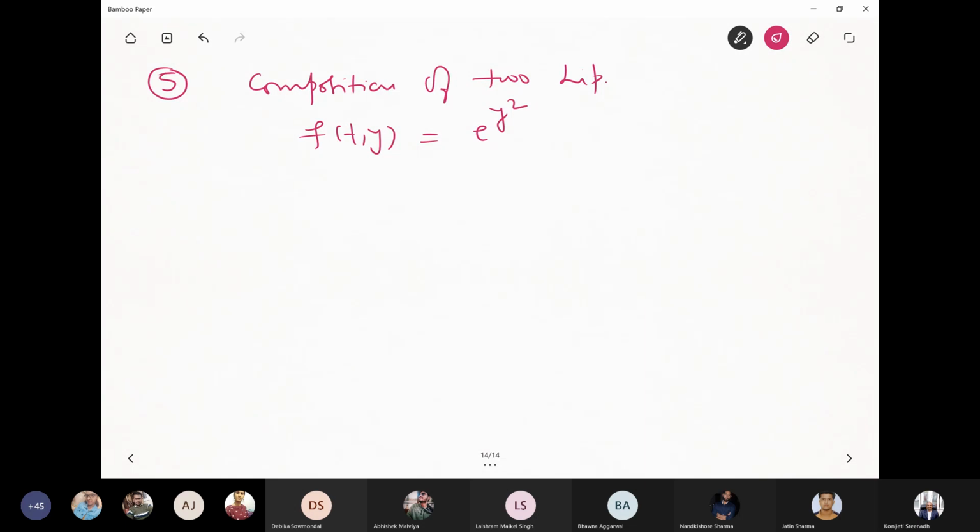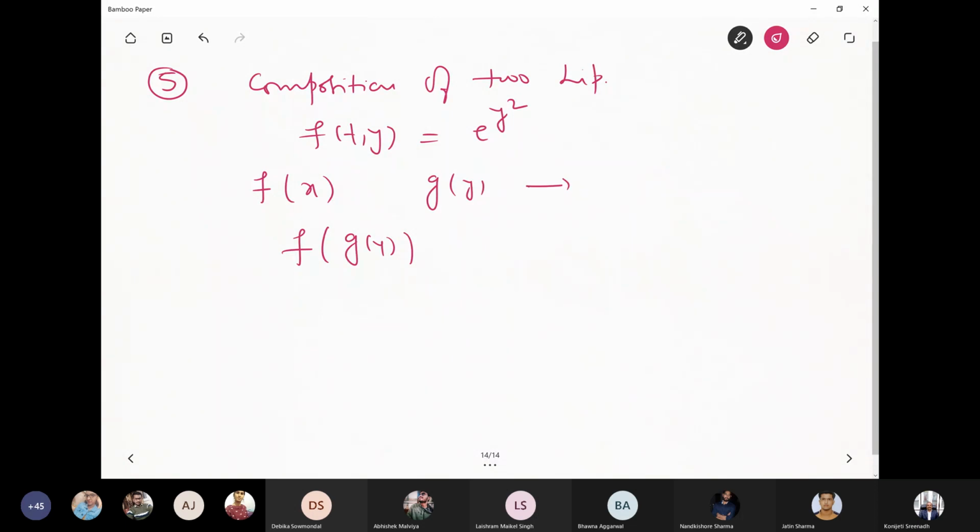I know that exponential of y and y square, both of them are Lipschitz, therefore this should be Lipschitz. So let me take f of x and g of y, and then you look at f of g of y. This is what we want.